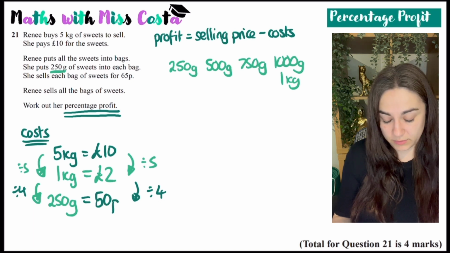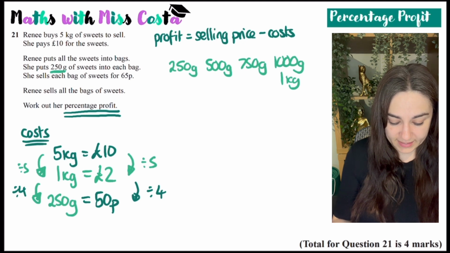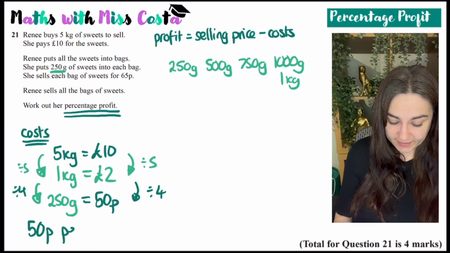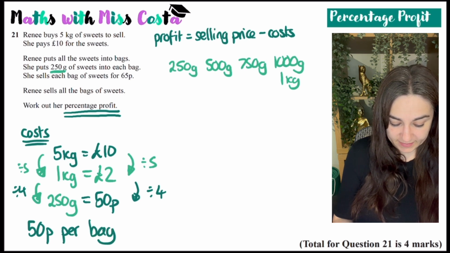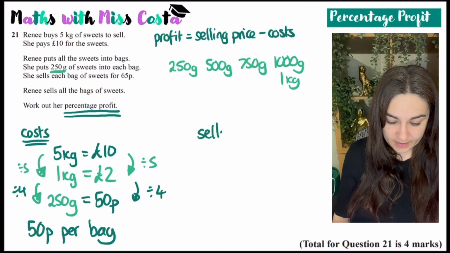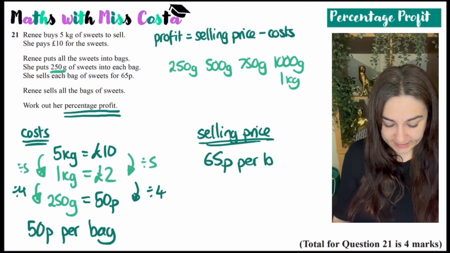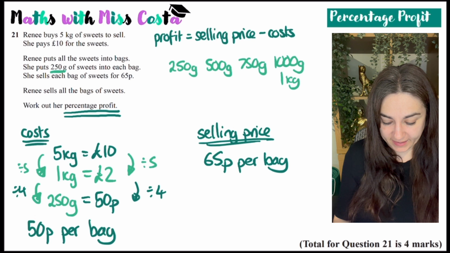And 200 pence divided by 4 is 50 pence. So I know that her costs are 50 pence per bag. And then her selling price is 65 pence per bag.